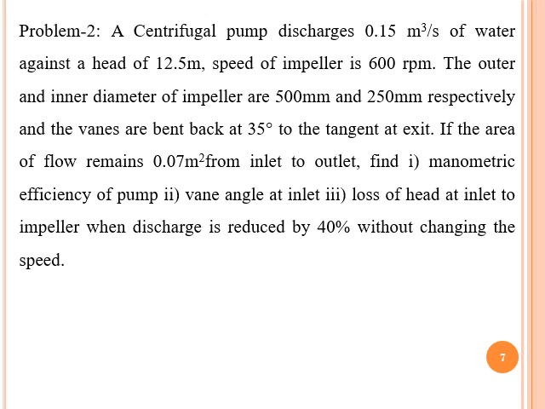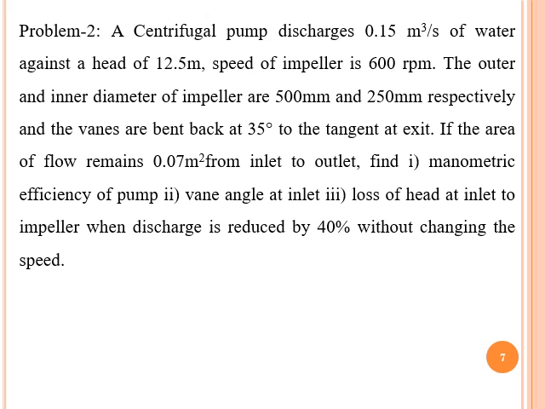The outer diameter is 500 millimeter and the inner diameter is 250 millimeter respectively. Here the outer diameter is denoted by D2 and the inner diameter is denoted by D1. The vanes are bent back at 35 degree to the tangent at exit, that means the blade angle at exit, β2, is 35 degree.